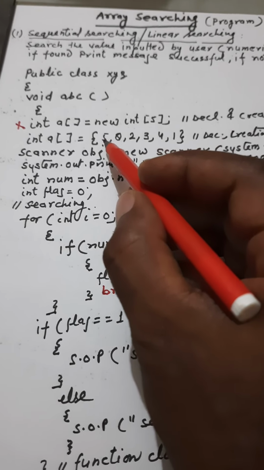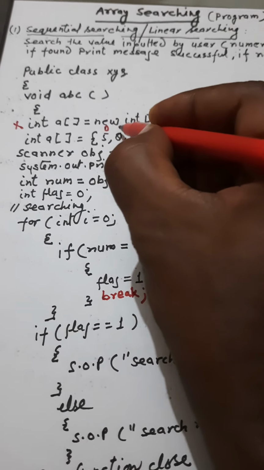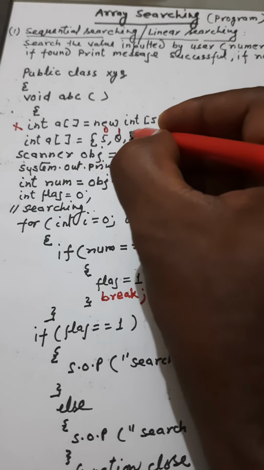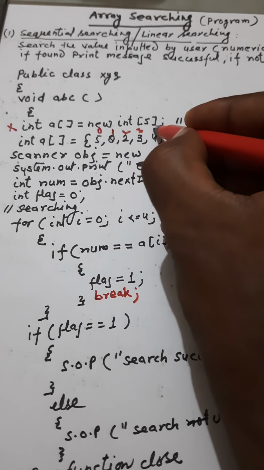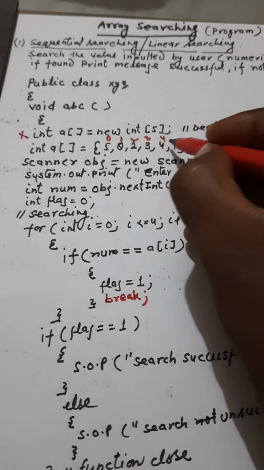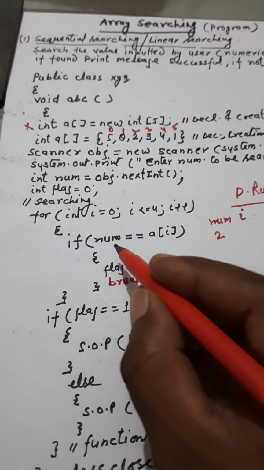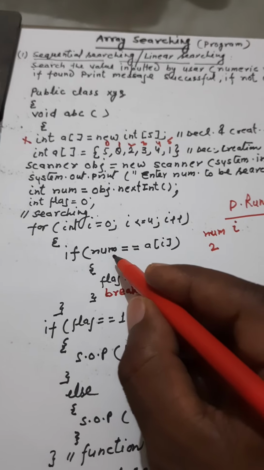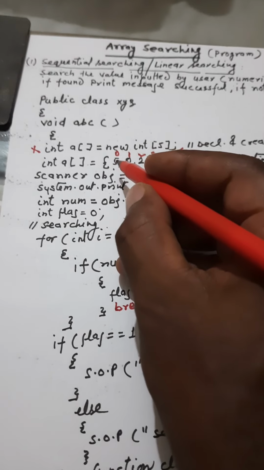At a0 we are having 5. See, at a0 we are having 5. These are the indexes: 0, 1, 2, 3, 4. So num means 2. 2 is equal to a0. a0 means 5. 2 is equal to 5?